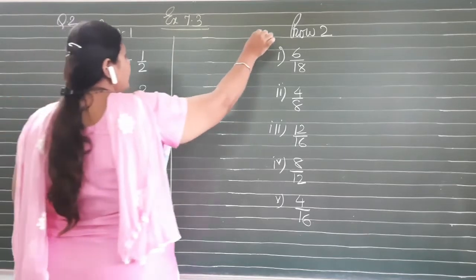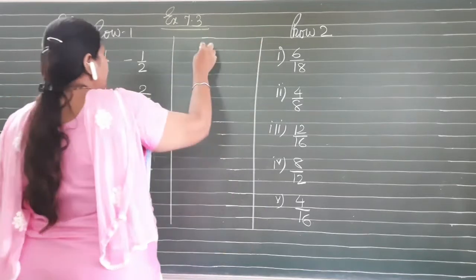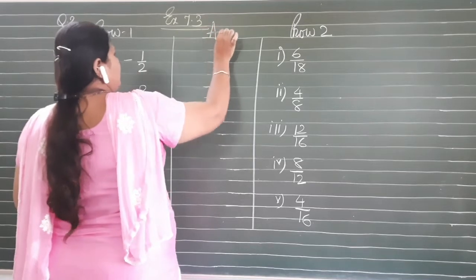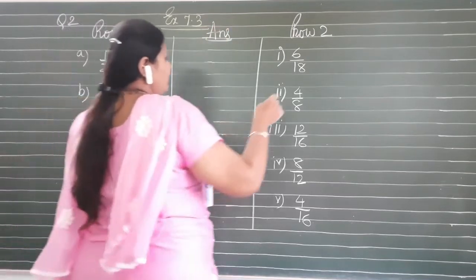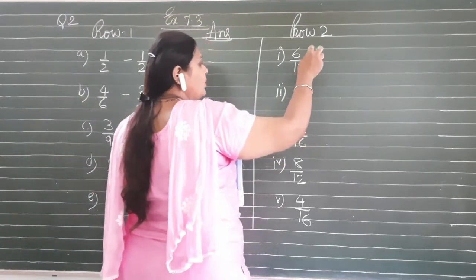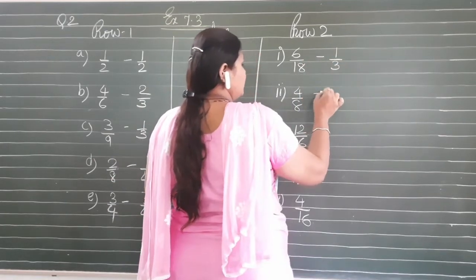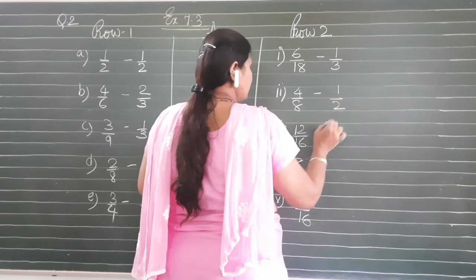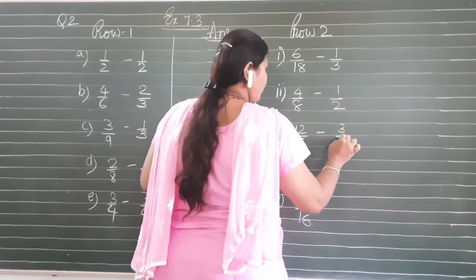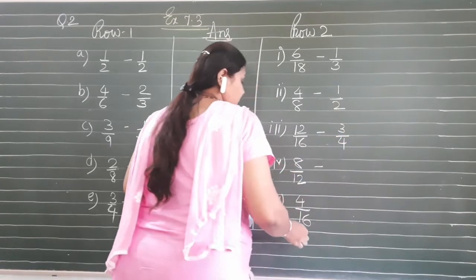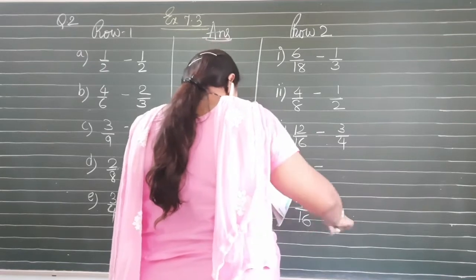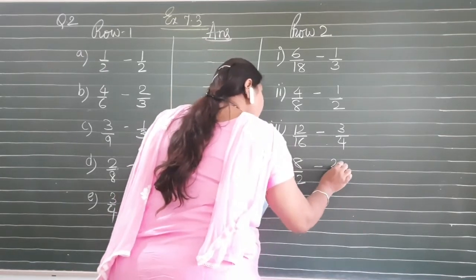Here we will note down the answers. Now we will convert this row 2 into lowest terms. Again here 8 upon 12 is 2 upon 3.